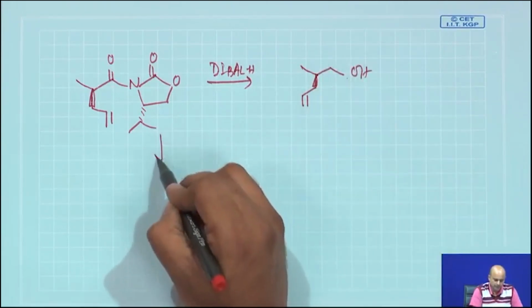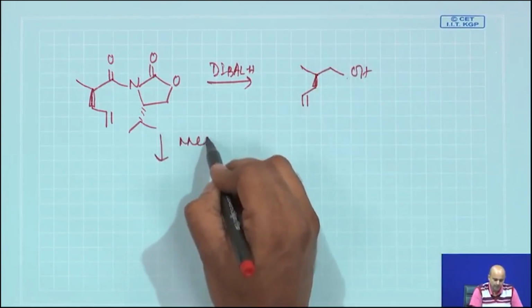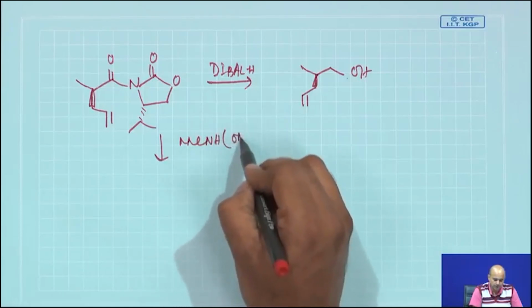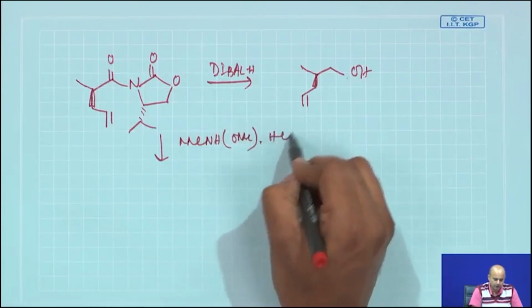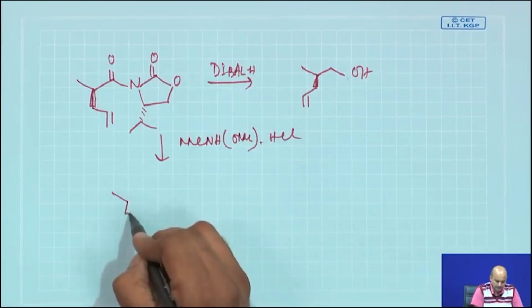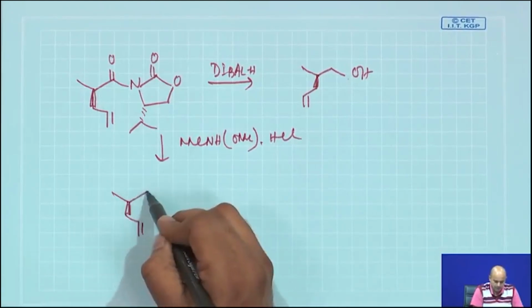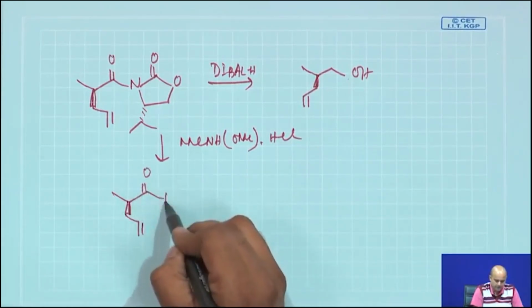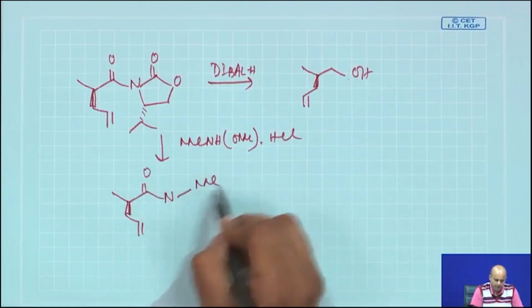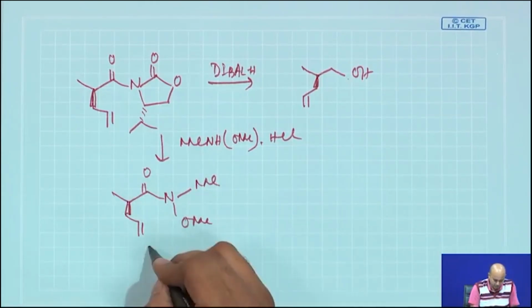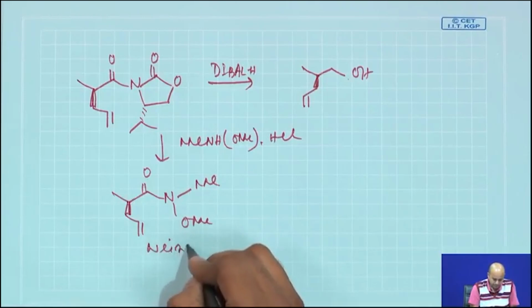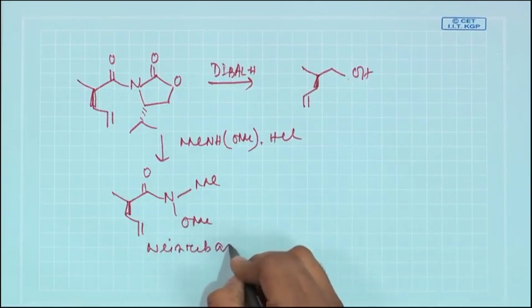Now, I said you can cleave it with the Weinreb amine, like MeNHOMe HCl salt, and this will undergo a transamidation kind of reaction and give you the N-methoxy-N-methyl amide. What is this? Your Weinreb amide.